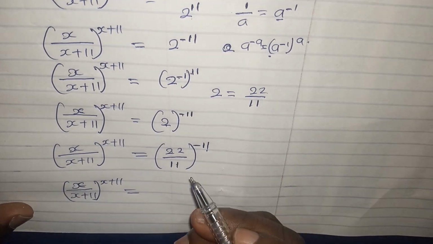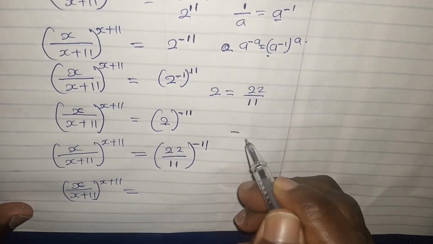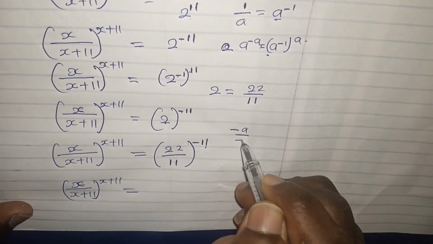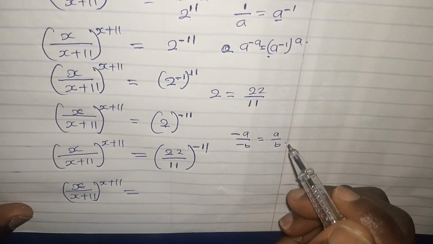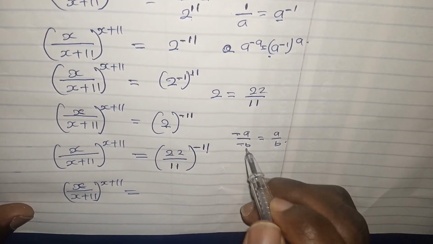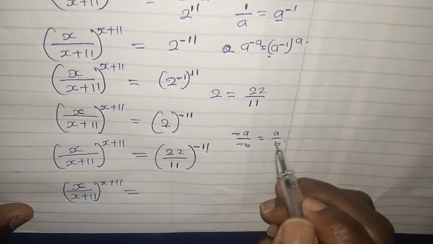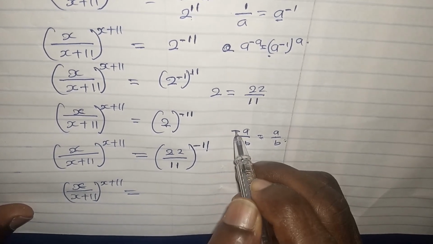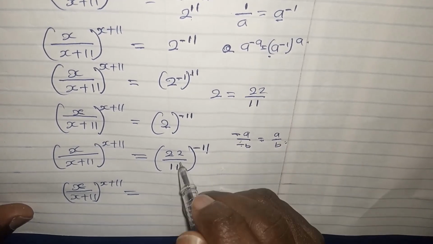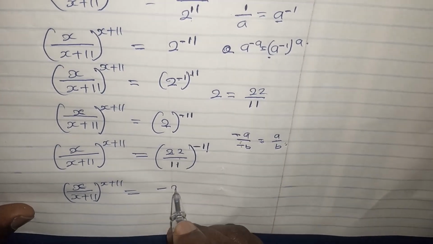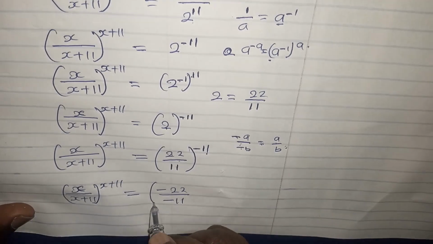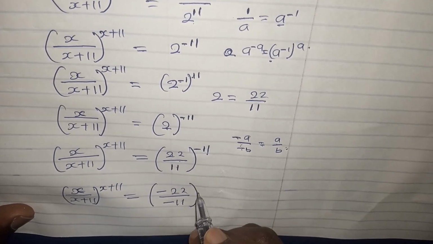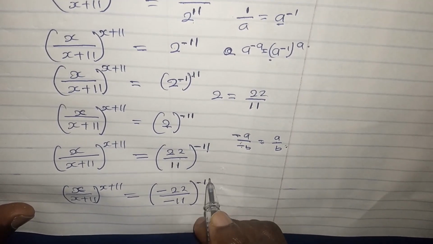So recall, if we have minus a all over minus b, it is also equal to a over b, because this negative sign will cancel off this. So if we obey this principle here, we can have this to be (minus 22 over minus 11) all to the power of minus 11.